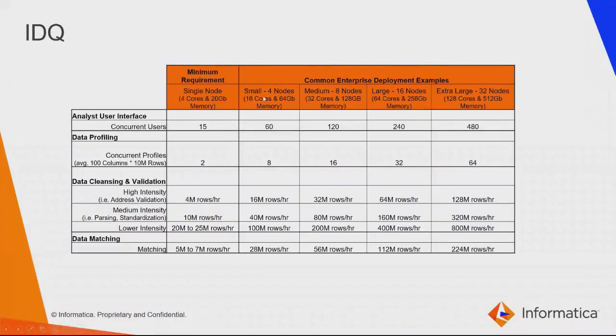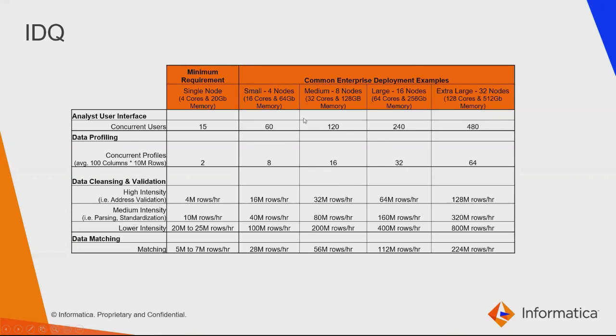And small, medium, large, and extra large go with higher resource requirements. It depends on the number of users, the profile usage, cleansing and validation usage, and matching, and determines the type of deployment that can be chosen.